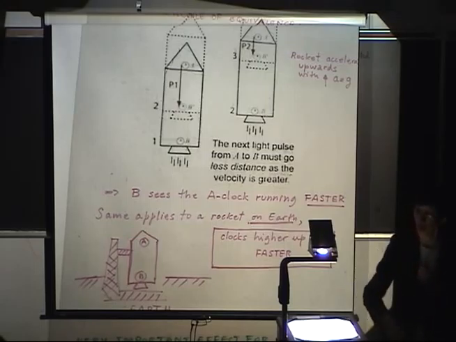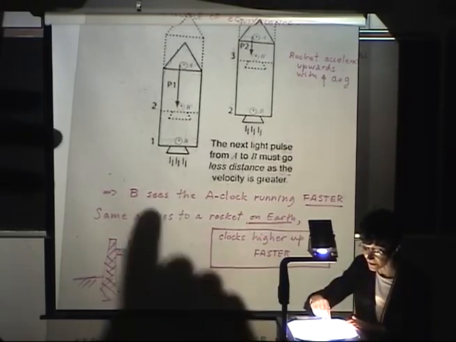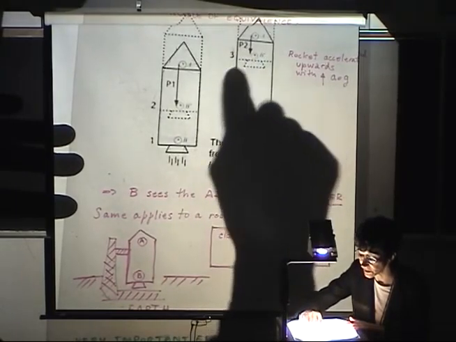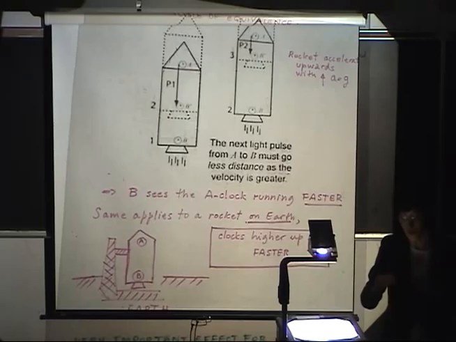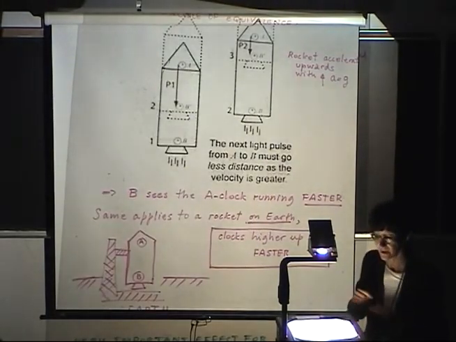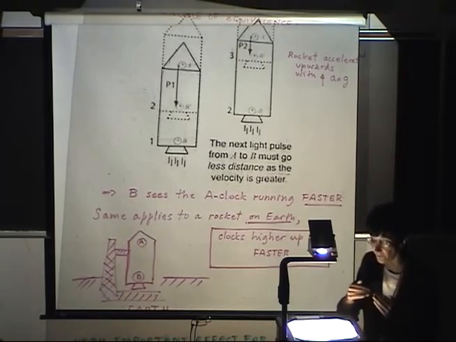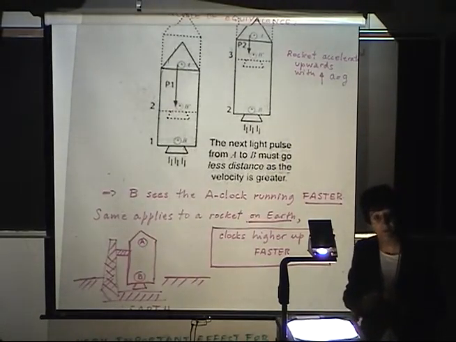So 1 second, one pulse, another pulse, another pulse. Because the point of reception, where B is, is always moving faster with respect to where A was at the time of emission. So the velocity of B is always faster than the velocity of A at the point of emission, right?